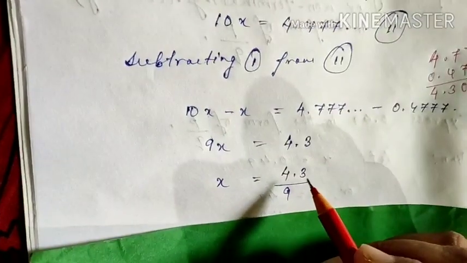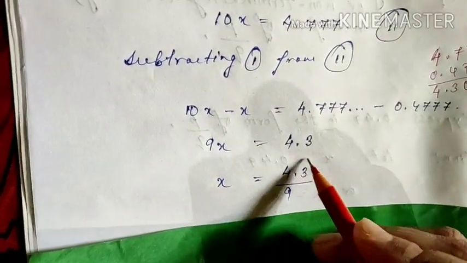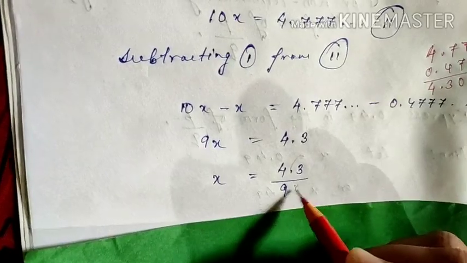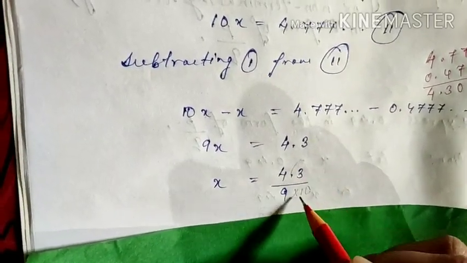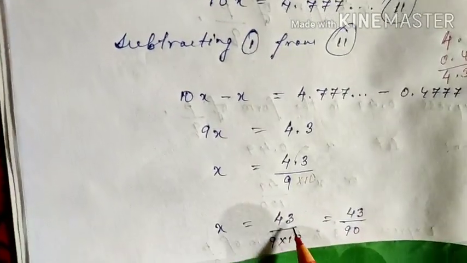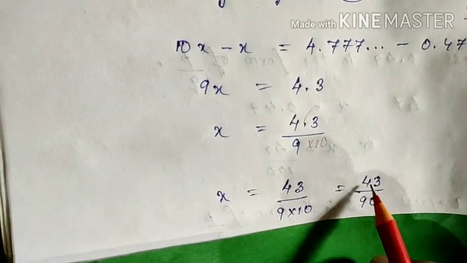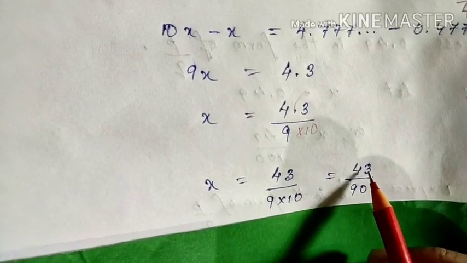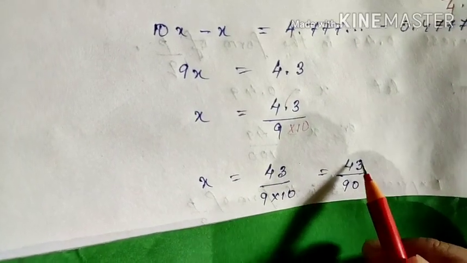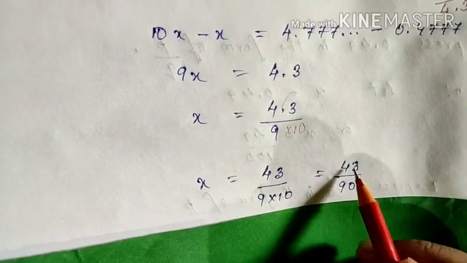Now we have studied in our previous classes that to remove the decimal you have to multiply by 10 on the denominator. To remove this point we will multiply 10 on the denominator. So you will get x equals 43 divided by 9 into 10, that is 43 divided by 90. As there is no common factor between 43 and 90, this is the simplest form and it is in the form of p by q.